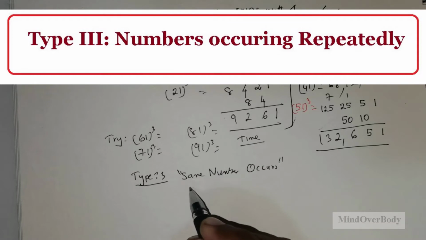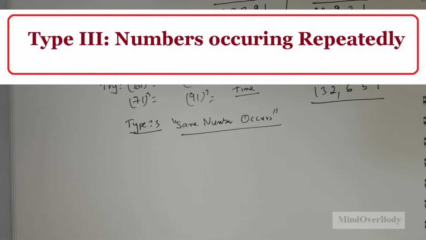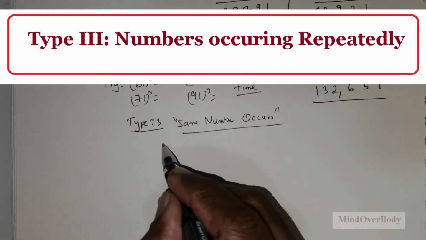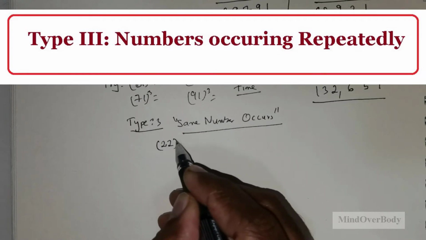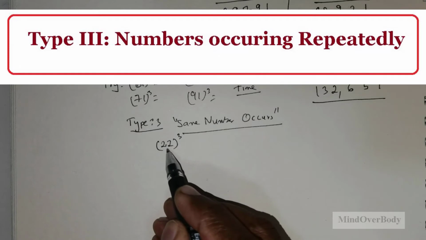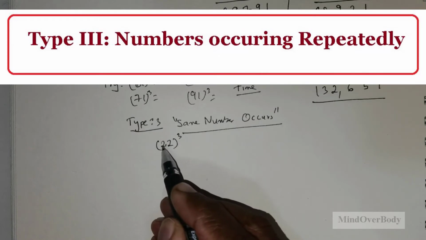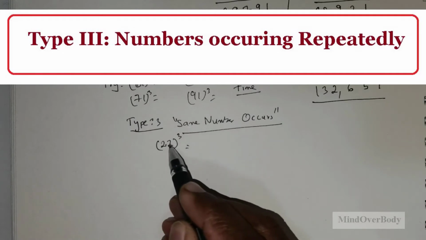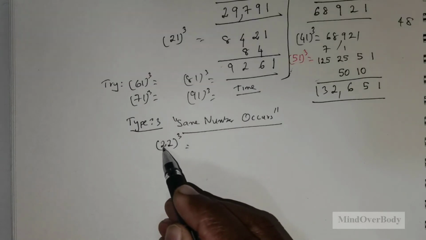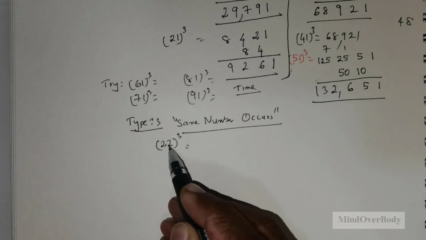So that's the type 3. So what exactly does it mean? It means, suppose you want to find the cube of 22. Now clearly you see the number 2 occurs twice. So what you got to do is, you should place the cube of the number 2, because 2 occurs twice, right?